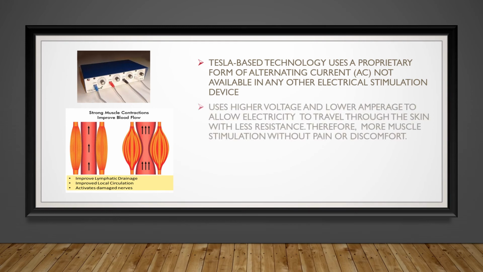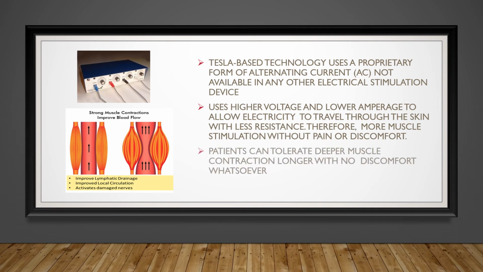The reason is that using higher voltage and lower amperage allows the electricity to travel through the skin with less resistance. Therefore, more muscle stimulation without pain or discomfort is able to happen. Patients can tolerate deeper muscle contraction without any discomfort whatsoever. This improves lymphatic drainage, improves local circulation, and activates damaged nerves.